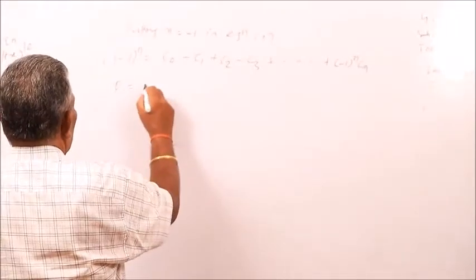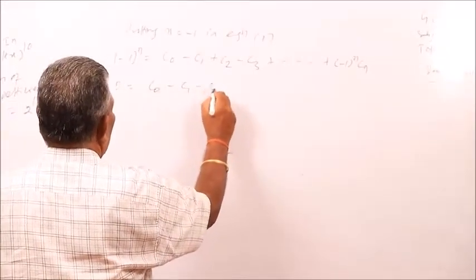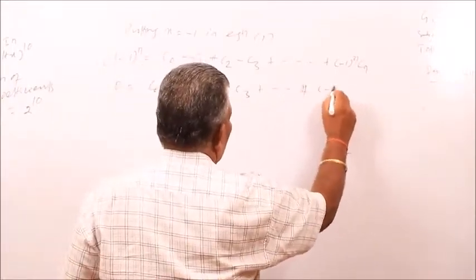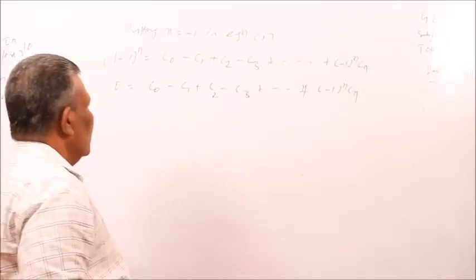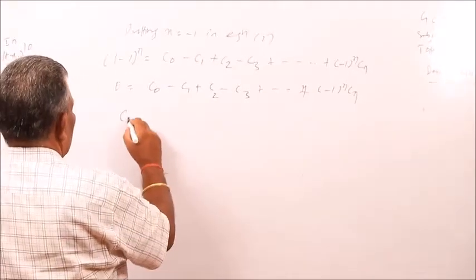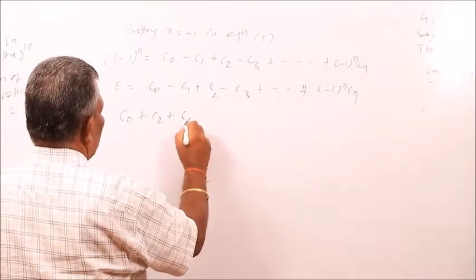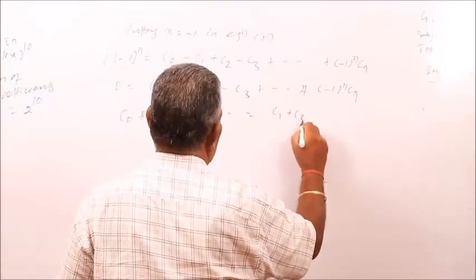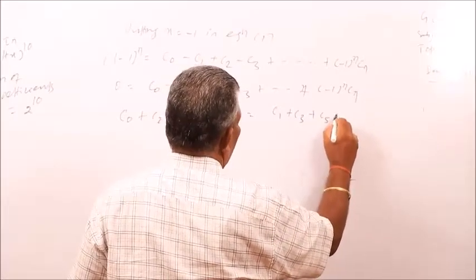So 0 equals C0 - C1 + C2 - C3 + ... + (-1)^n Cn. Taking the negative terms to the other side, we can write C0 + C2 + C4 and so on equals C1 + C3 + C5 and so on.